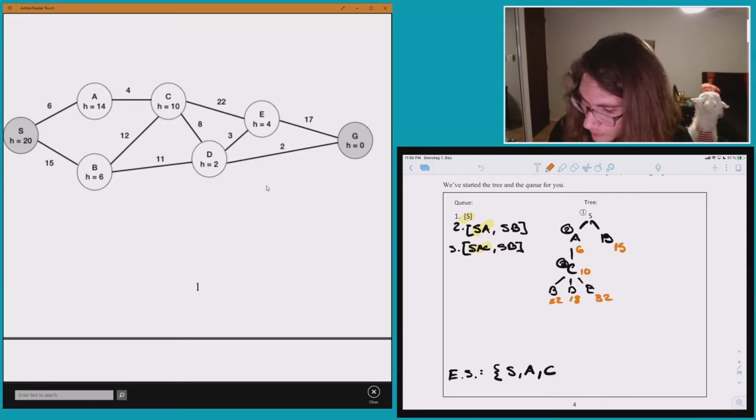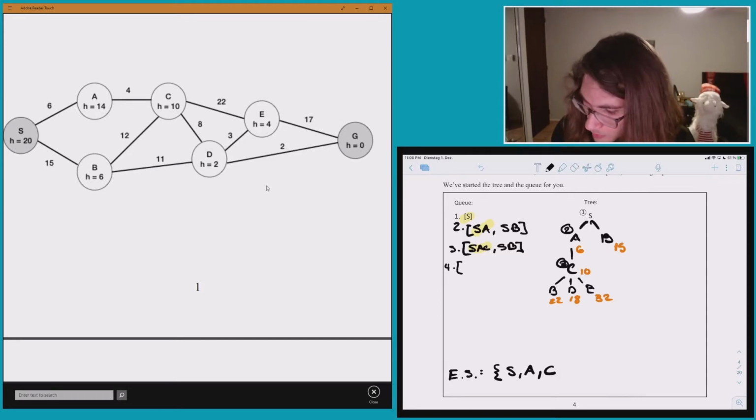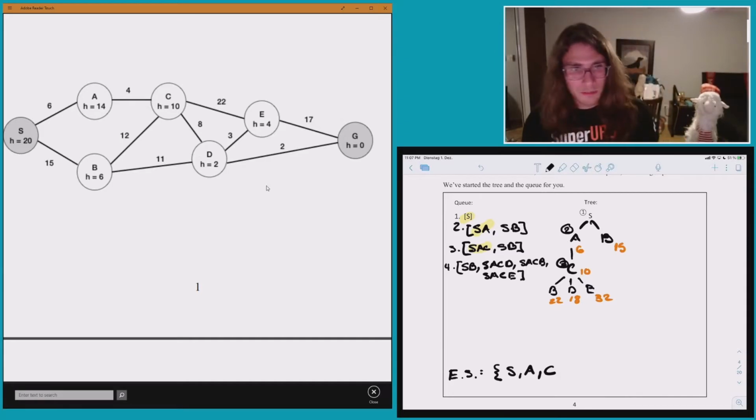And so now we start getting some more interesting action on the queue. Because now the shortest path is SB, which we had ignored so far, and then followed by SACD, then SACB, and then SACE.